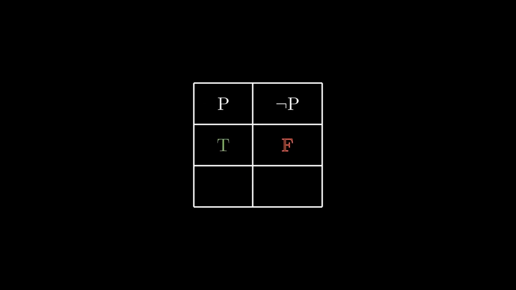Now, what do these connectives actually do to our statements? First, to make things simpler, I'll represent logical statements with a capital letter, like P or Q. And just like the earlier statements, these could be true or false, T or F. The negation simply turns a true into a false and a false into a true.